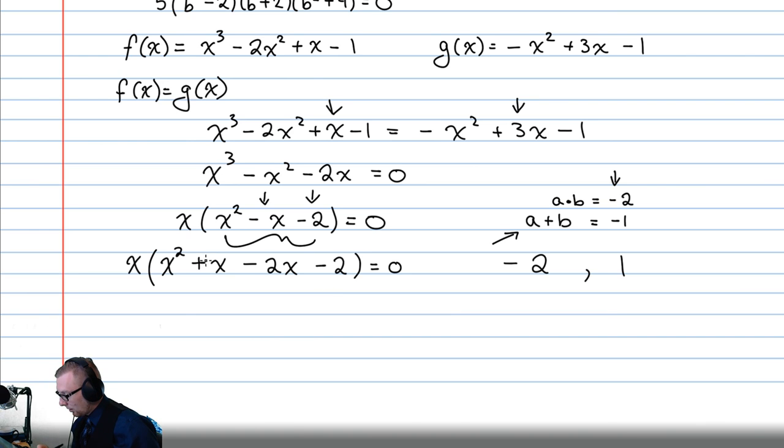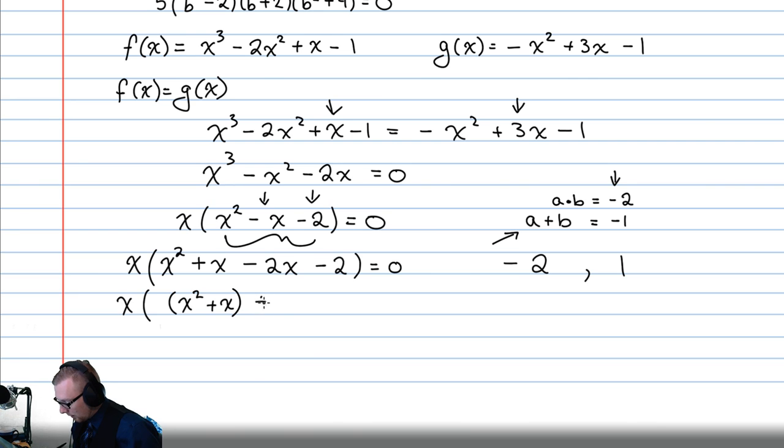Okay. But from here, we've got x minus 2x. You see how that is still equal to minus x? Now, I'm going to pair them off, okay? x squared plus x is one pair.